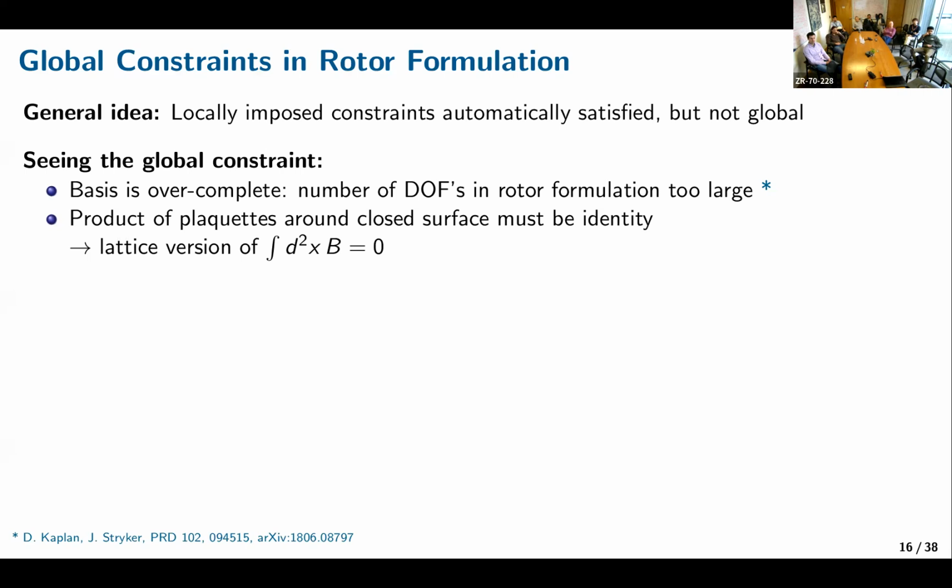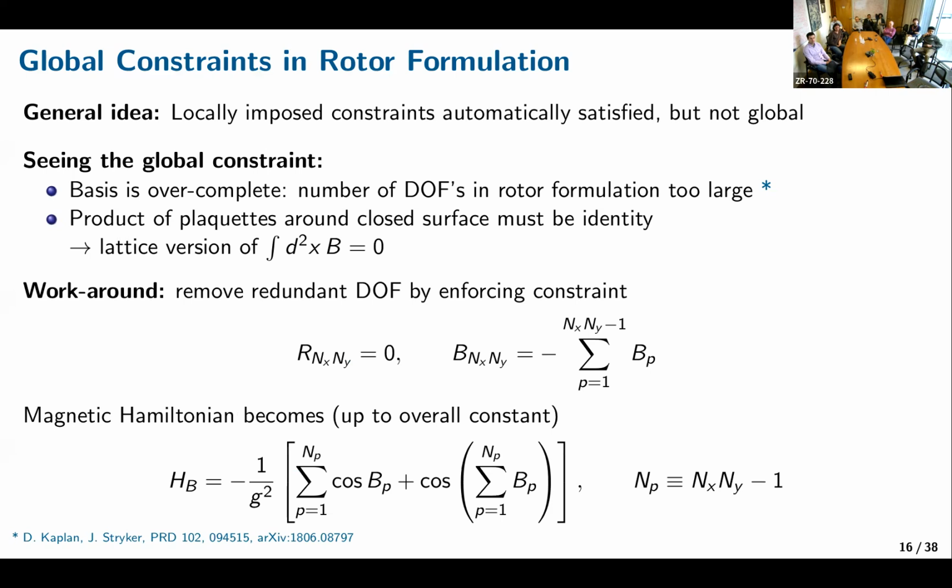So it has to have zero divergence through any closed surface. And so because we want to work with a gauge redundancy-free formulation, our workaround for this is to just enforce the constraint at the level of the Hamiltonian. So we write one of the magnetic field operators as negative the sum of all of the others, and we set the associated rotor to zero.